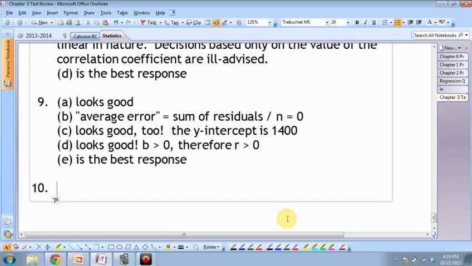Oh no. C, residual plot does not confirm linearity. That sounds pretty good, right? D, residual plot clearly contradicts linearity. So C or D? Does this clearly contradict, or does it simply not confirm?